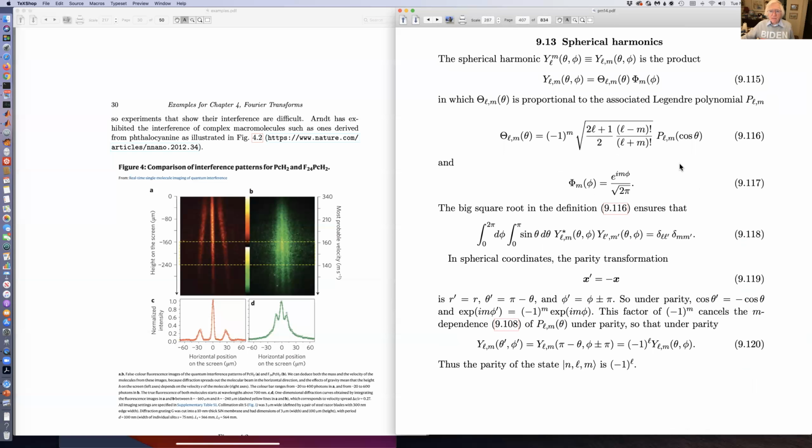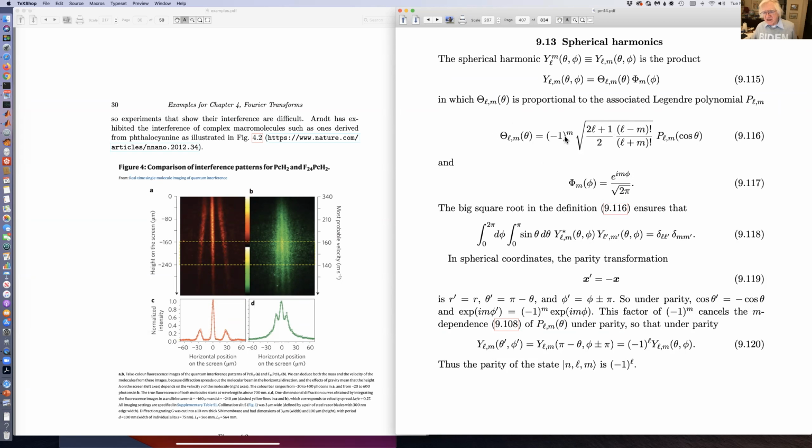Spherical harmonics. Well, we're basically done. In a sense, we're done with this chapter. The spherical harmonics are just the product of the associated Legendre polynomials times the azimuth functions e to the im phi, and we divide there by square root of 2 pi to have nice normalization in phi, and then we have normalization for theta by having this huge square root with a minus 1 to the m.